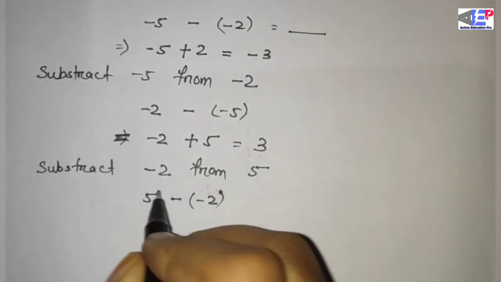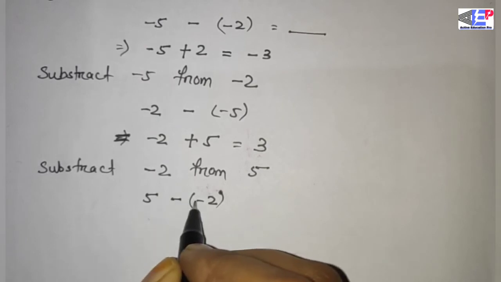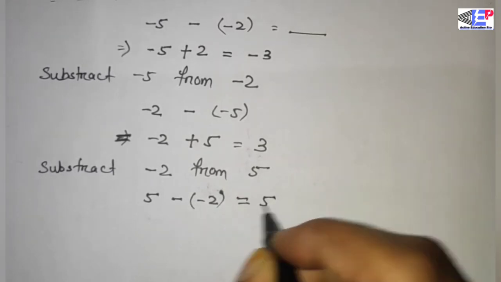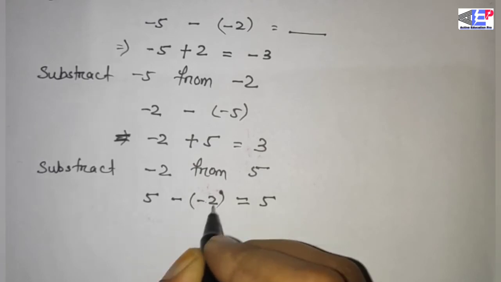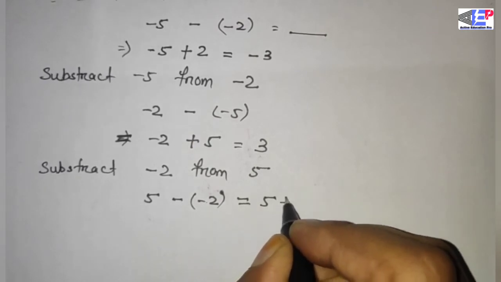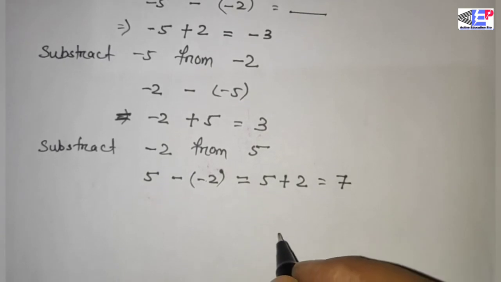Look here, both are negative signs. You can keep both signs at the same time in an expression, so it will become 5. There is a minus 2 in this bracket, and this bracket contains another minus sign outside of the bracket. So you have to change this sign. It will become 2. 5 plus 2 is 7.